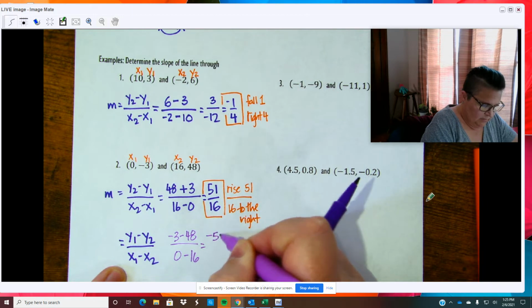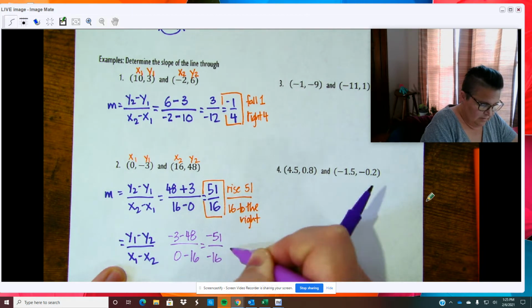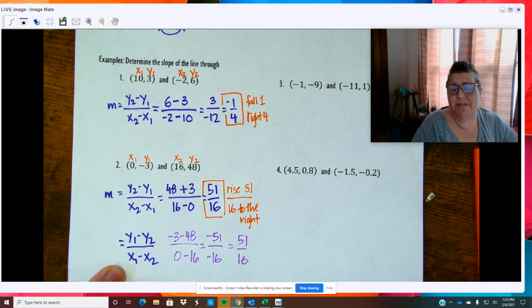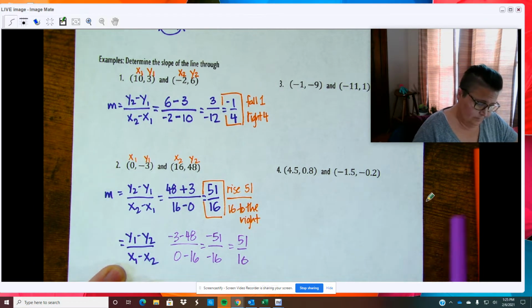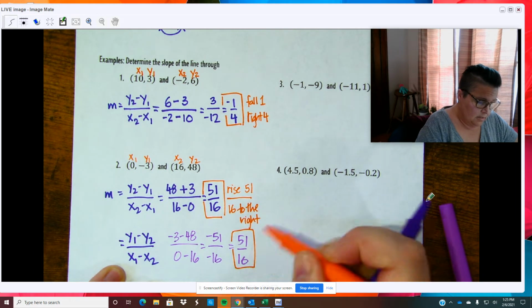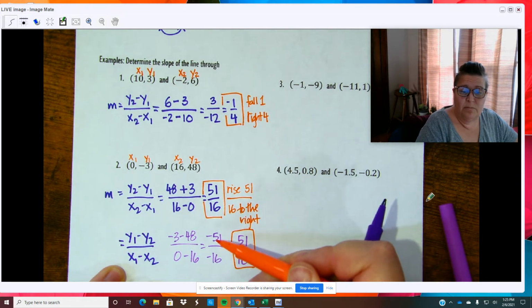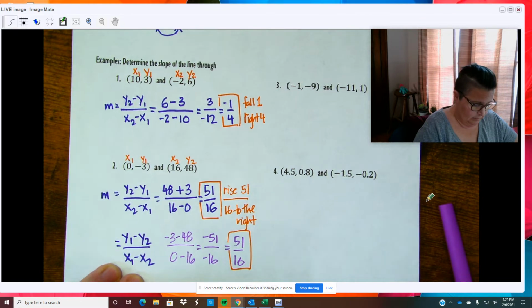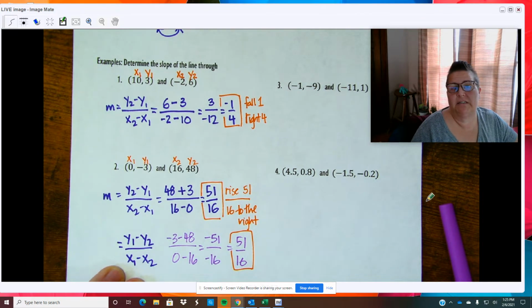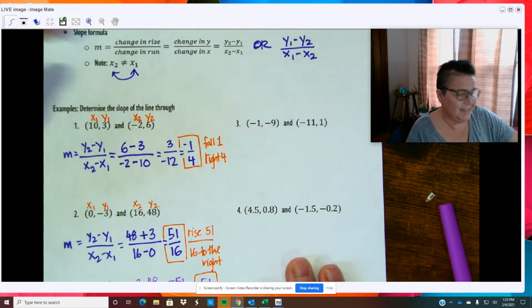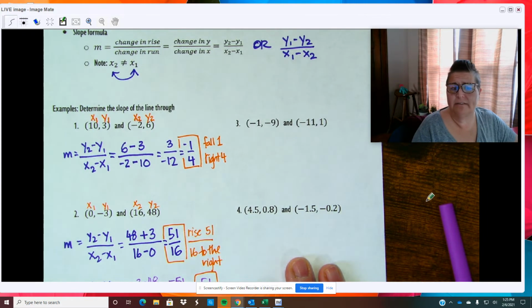That's going to be a negative 51 over a negative 16. Do you see how you still get the same answer? The only thing that was different were both signs came out negative, which would still be a positive. So if you do them in a different order, you should still be able to get the correct answers, even though the process in the middle might look just slightly different.